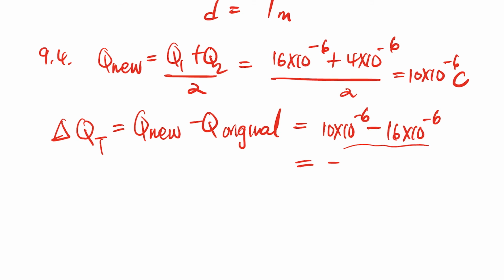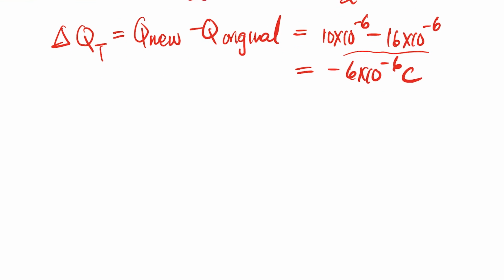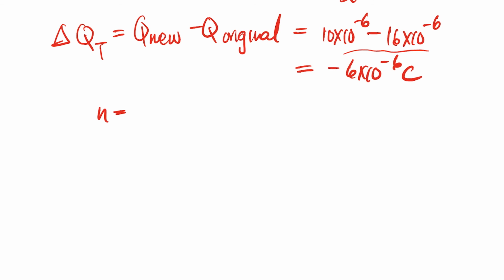The answer here is going to be negative 6 times 10 to the power negative 6 coulombs, and then we go to the number of electrons.